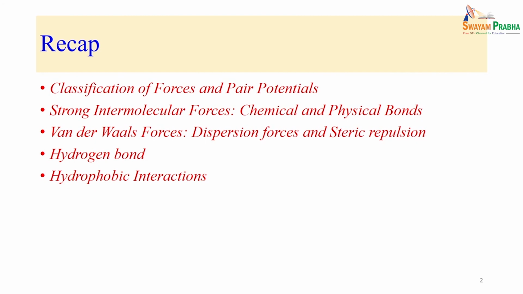Then we combined them and found the Lennard-Jones potential. Apart from that, we discussed hydrogen bonds, which are like ion-dipole interactions between hydrogen and electronegative atoms like oxygen. Then we also discussed the hydrophobic interaction, when non-polar groups come into contact with polar molecules like water.